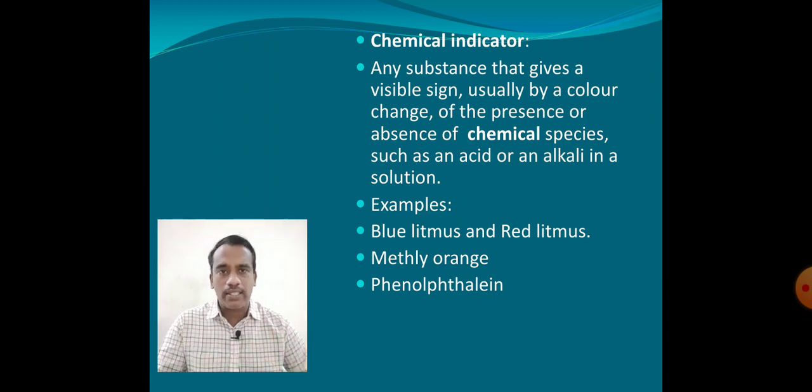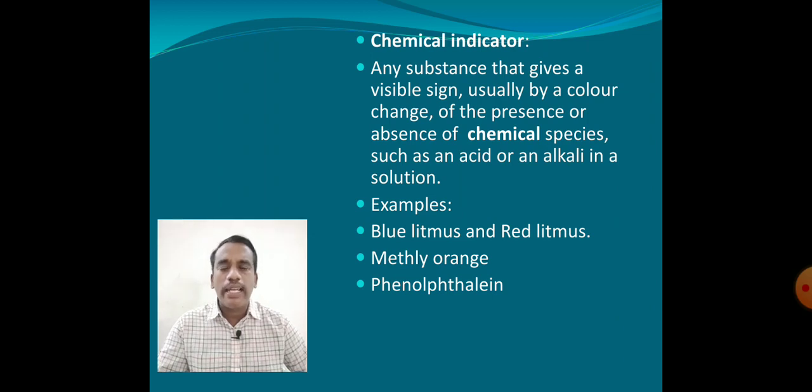Any substance that gives a visible sign, usually by a color change, of the presence or absence of a chemical species such as an acid or an alkali in solution. The bases that are soluble in water are called the alkalis, children. So if you are placing a blue litmus paper into a test tube containing a solution, if it is not turned to red color, then what final conclusion can you say?